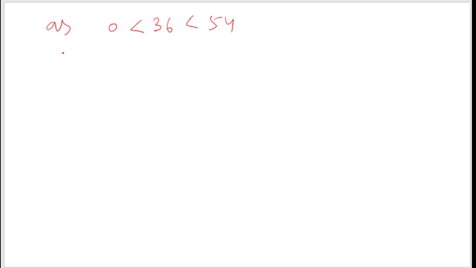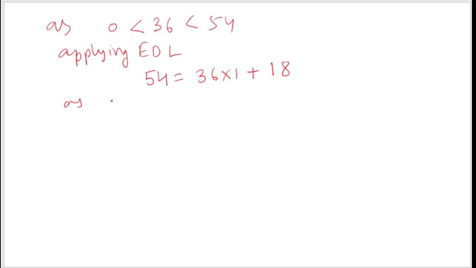Now continue the same step for the 36 and 54. Applying EDL, 54 equals 36 into 1 plus 18. As 0 is less than 18 less than 36, it will be the same step for 18 and 36.